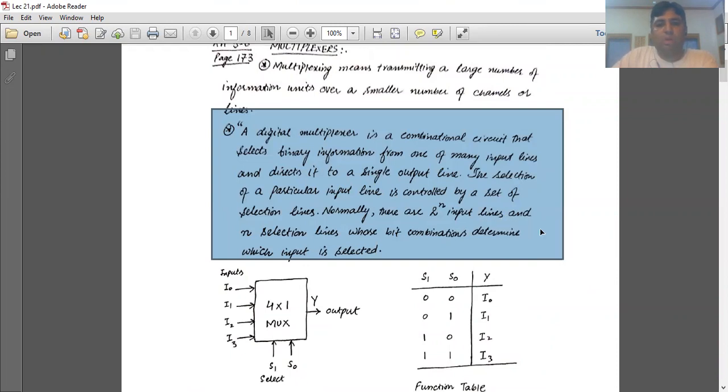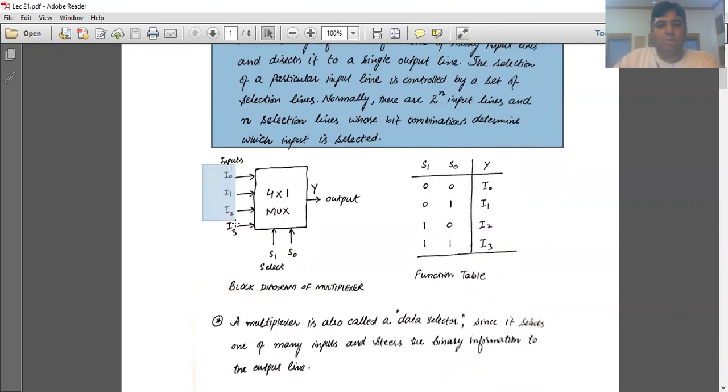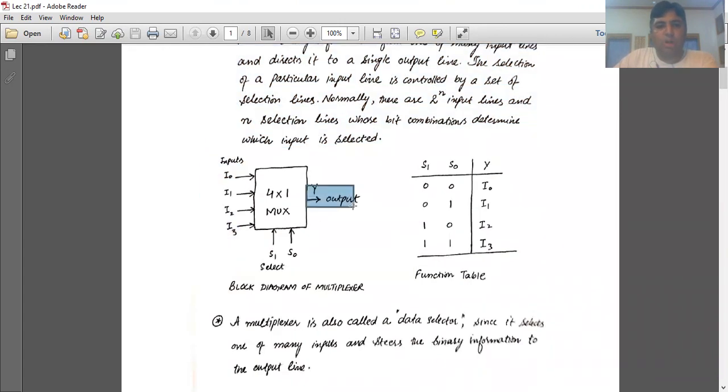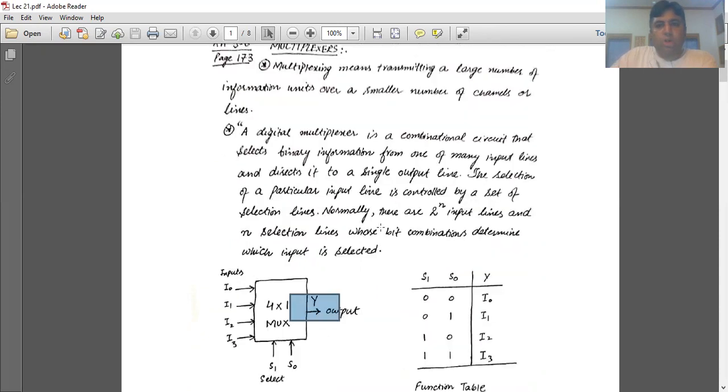So it has many input lines and a single output line, and the selection of a particular input line is controlled by a set of selection lines. Selection lines will decide which input will go to the output.